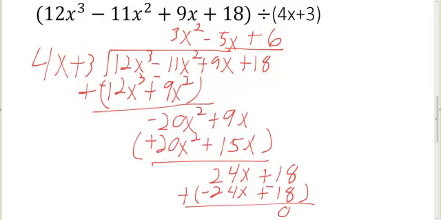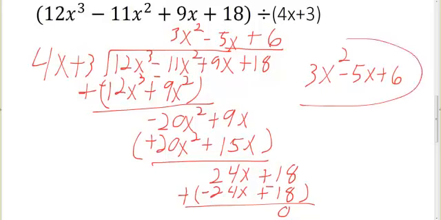So what we would have is 3x squared minus 5x plus 6 as our answer. And we could say that 4x plus 3 times 3x squared minus 5x plus 6 would give us 12x cubed minus 11x squared plus 9x plus 18, if you remember how to multiply polynomials from one of the last videos.